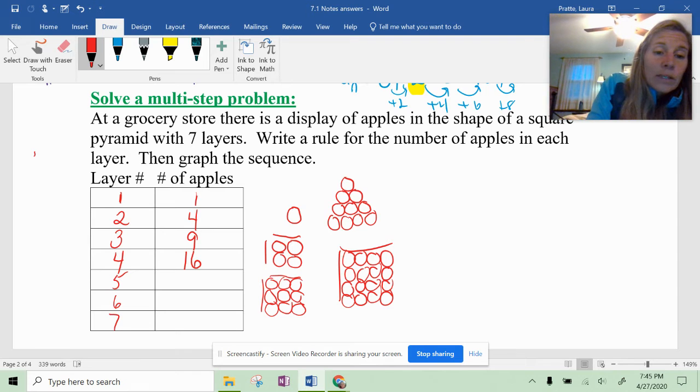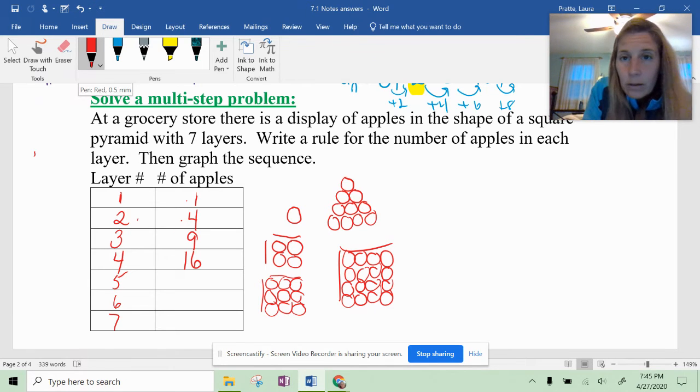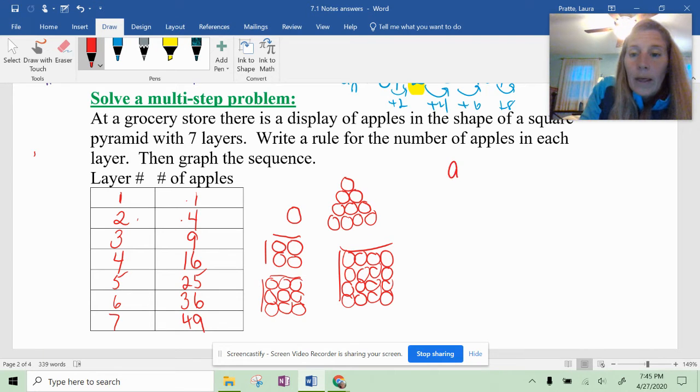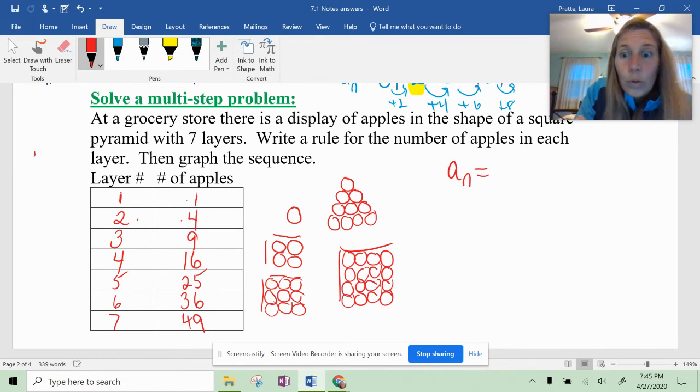So now you might notice that 1 squared is 1, 2 squared is 4, because you're multiplying the length and the width, basically. It's an array. So 5 times 5 would be 25, 6 times 6 would be 36, 7 times 7 would be 49.